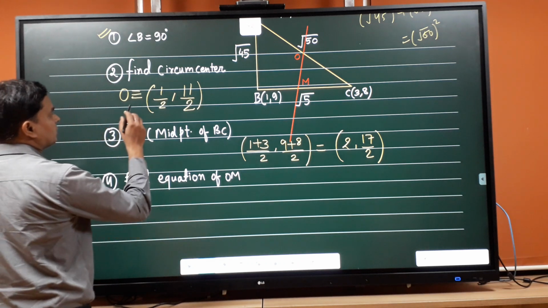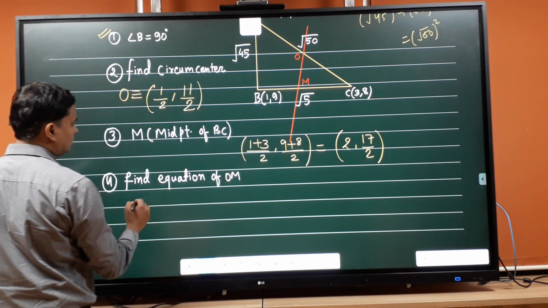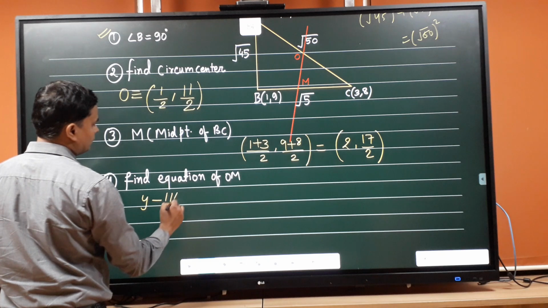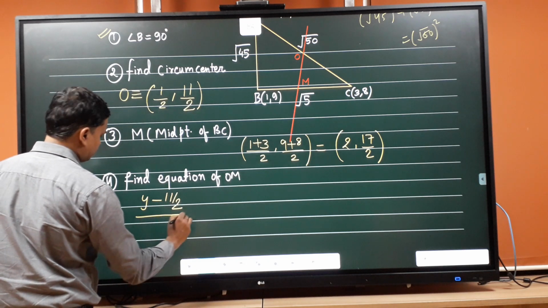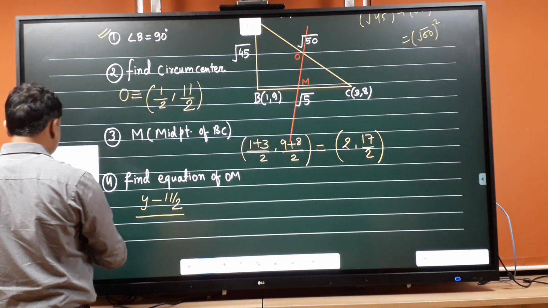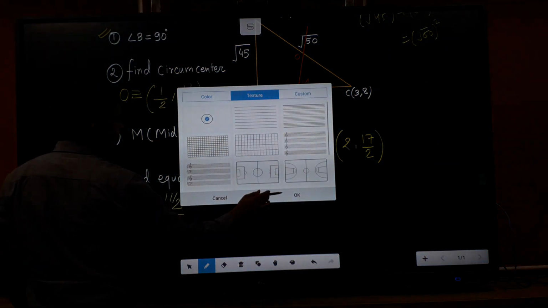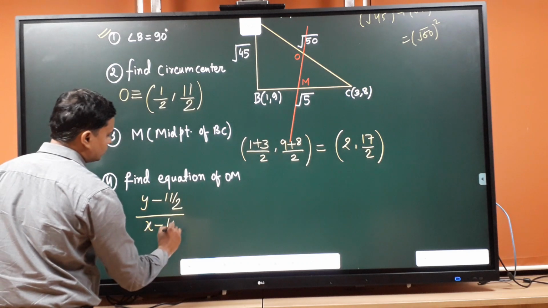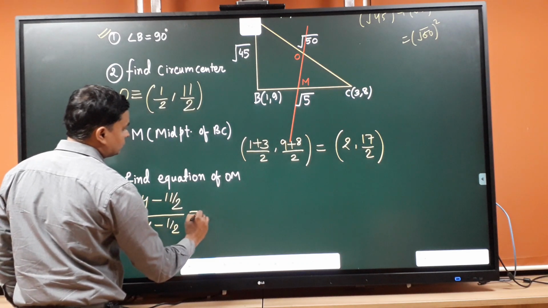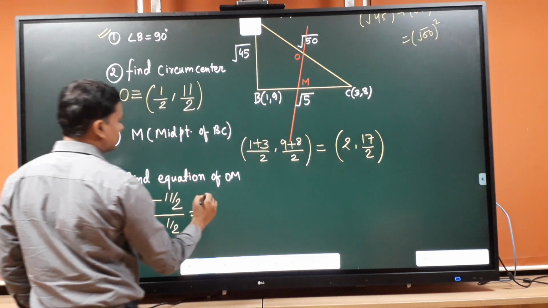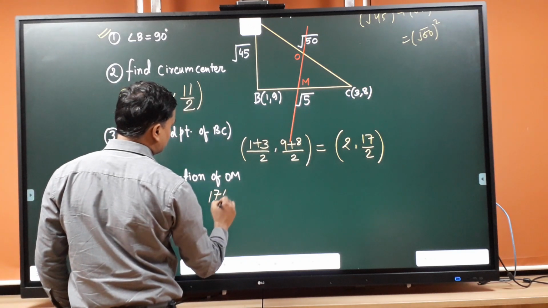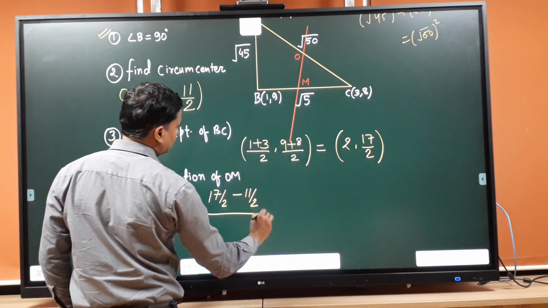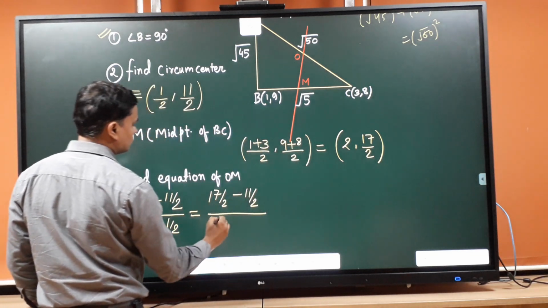So how can we find the equation of OM? Using the two-point formula, y minus 11 by 2 upon x minus 1 by 2 is equal to the difference of these two, that means 17 by 2 minus 11 by 2 divided by 2 minus 1 by 2.